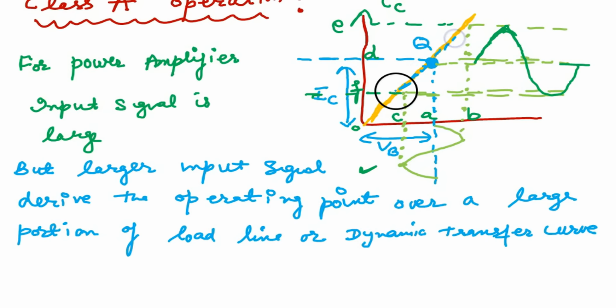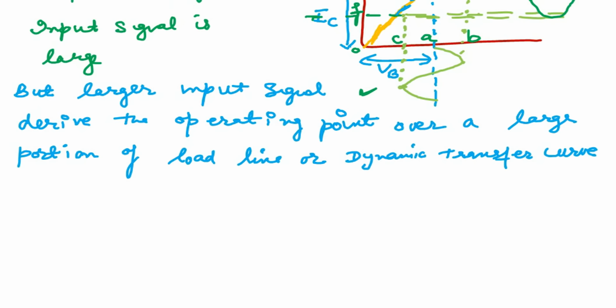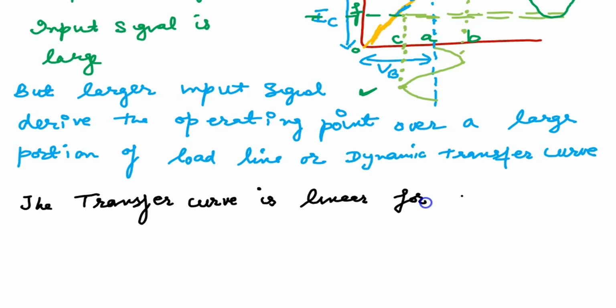If the signal is large and the transfer curve is not exactly a straight line, then the output signal will be distorted.